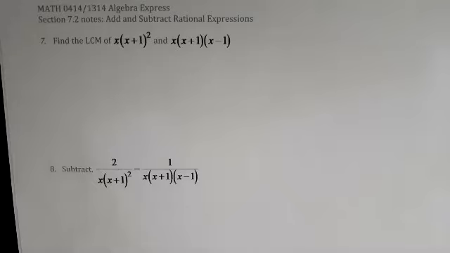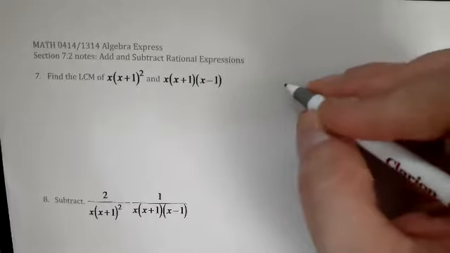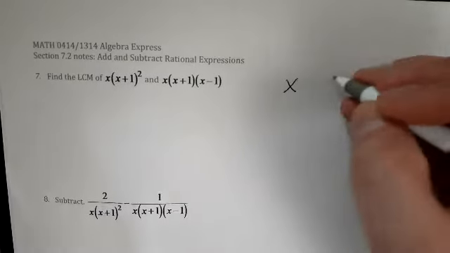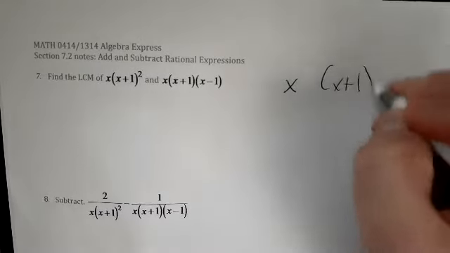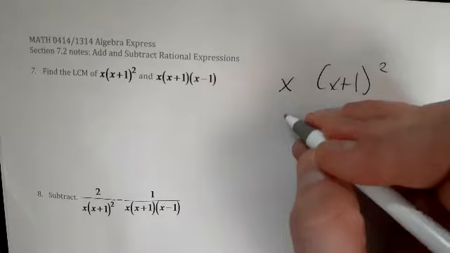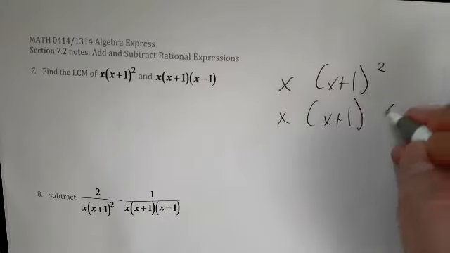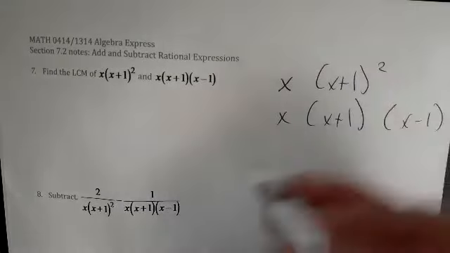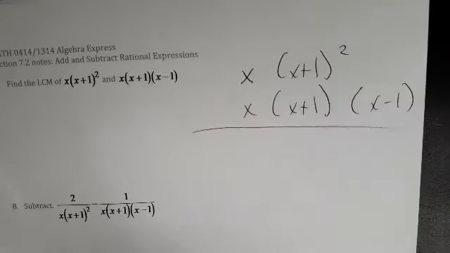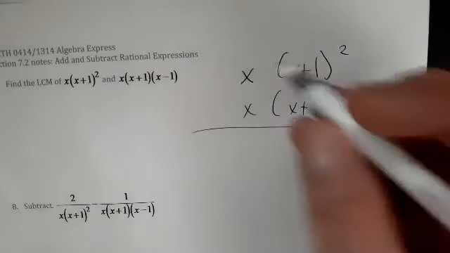We want to find the LCM of x plus 1 squared, and an x minus 1. So if I'm setting these things up, factor it over itself, now I got an x. I got an x. I got an x minus 1. I want to find the least common multiple between all these things.